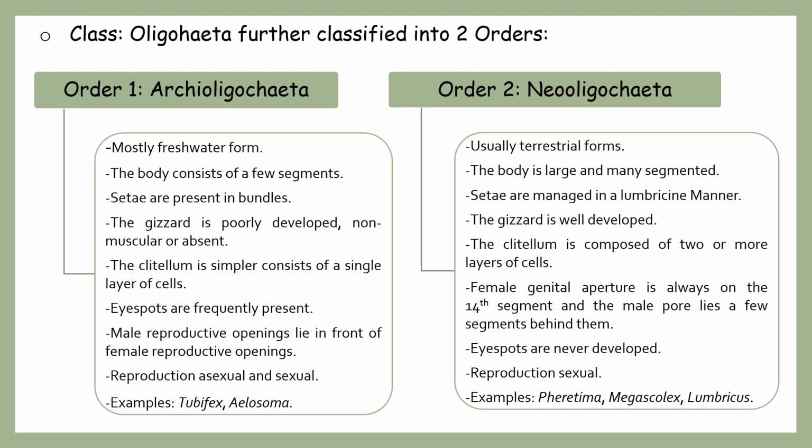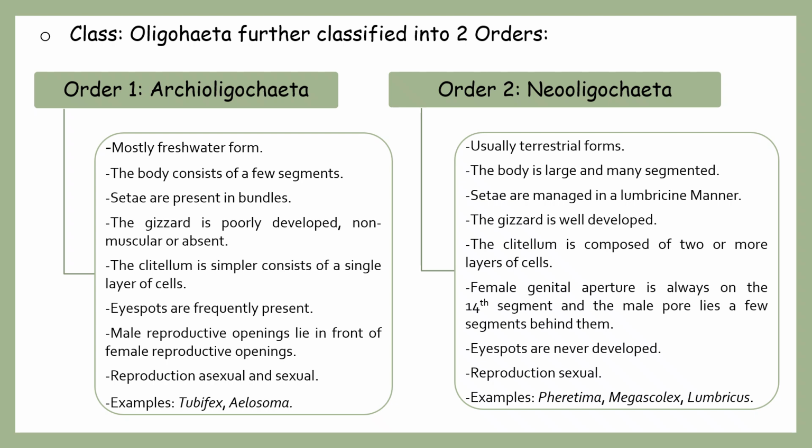Eye spots are frequently present, and the male reproductive opening is present in front of the female reproductive opening. Reproduction is both asexual and sexual. Examples for this order are Tubifex and Aelosoma.